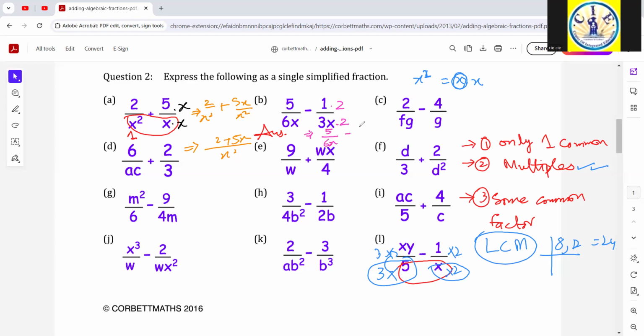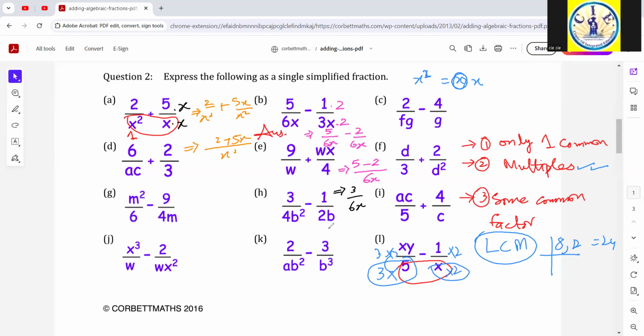No change in the first fraction, 5 by 6x, but in the second fraction, this is 2 divided by 6x. Now their denominators are the same, so making them a single denominator, 6x, in the numerator this is 5 minus 2. Since this is just the subtraction of these numbers, we can simplify it, giving 3 by 6x.